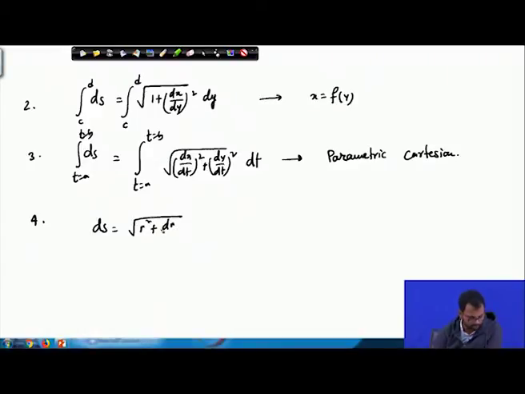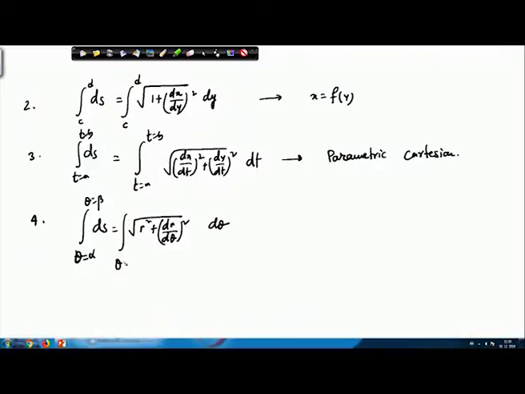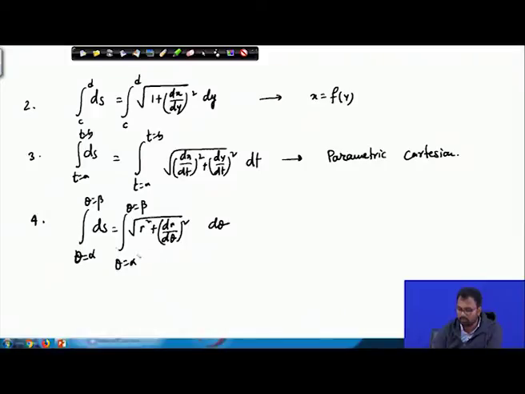So we divide both sides by d theta, so this will be the square root of r square plus dr by d theta whole square, times d theta, and we can integrate for theta running from a certain point alpha to theta equals beta, let's say. This will give us the arc length of the curve given by the equation r equals f theta, which is the polar setting.